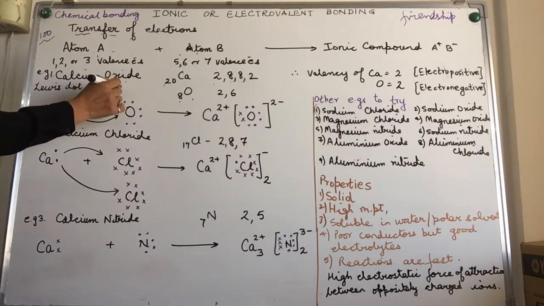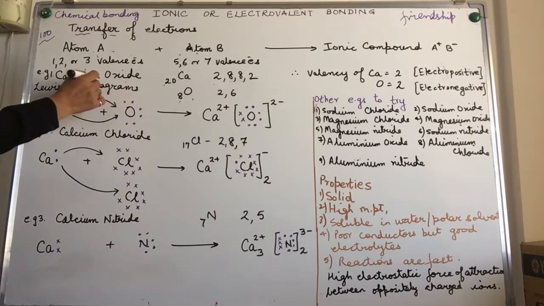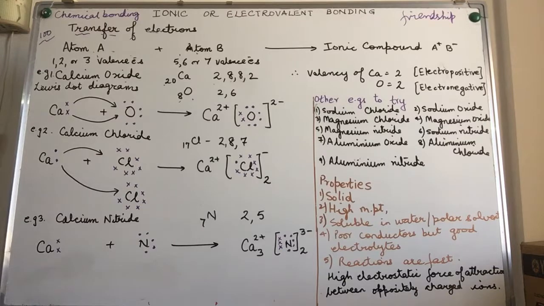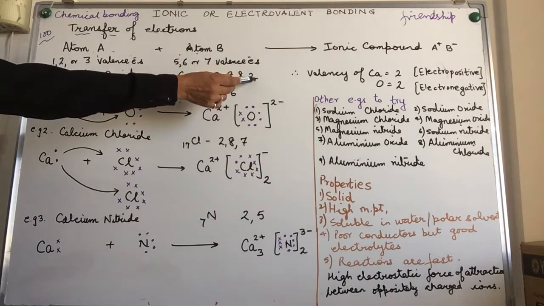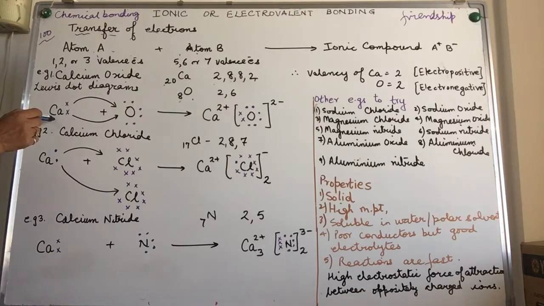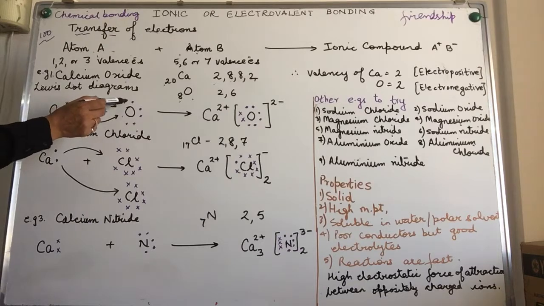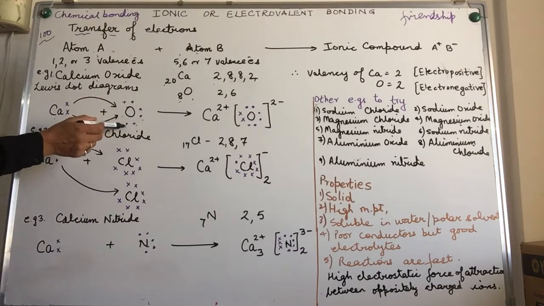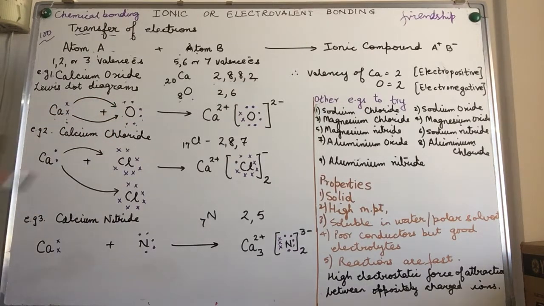In these diagrams, we only represent the electrons which are present in the valence shell, that is the outermost shell. Now, calcium has 2 electrons in the outermost shell, which we have represented by 2 crosses over here. Oxygen, on the other hand, has 6 electrons, 1, 2, 3, 4, 5, 6 in its valence shell, which are represented with dots.